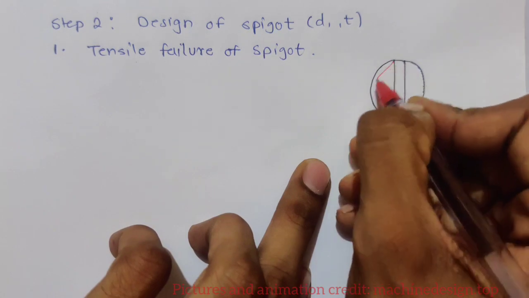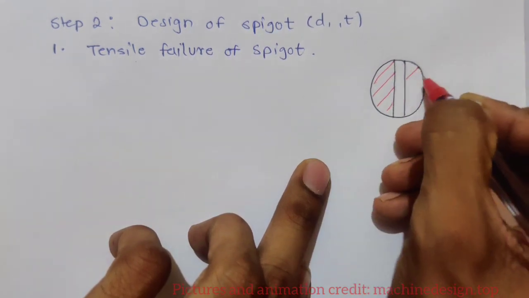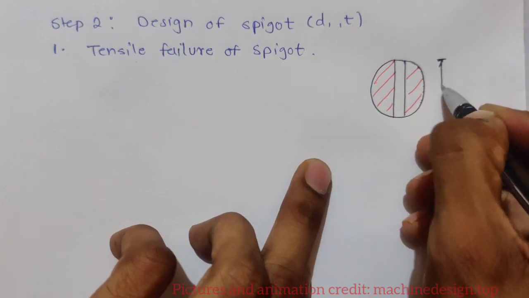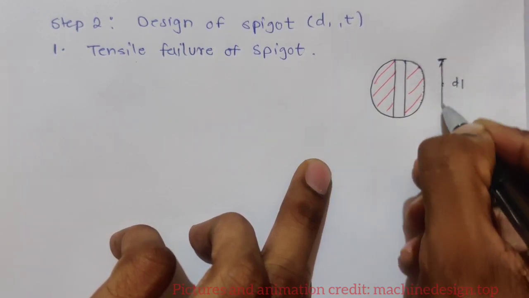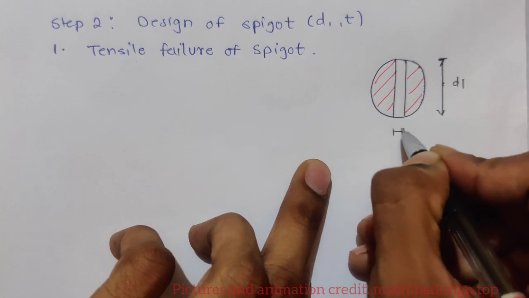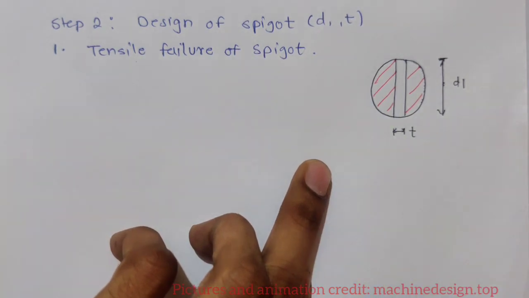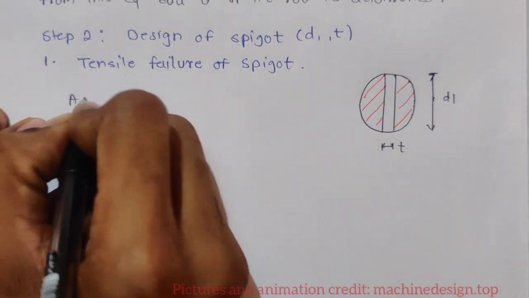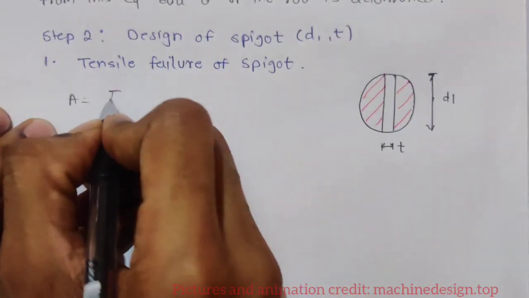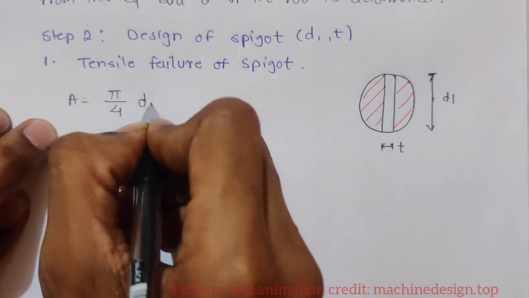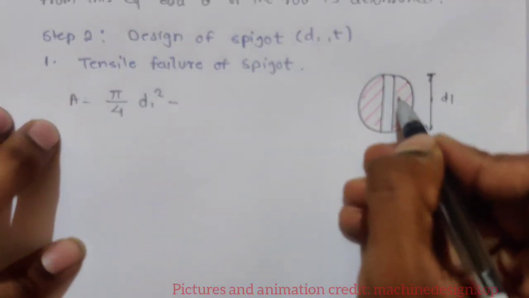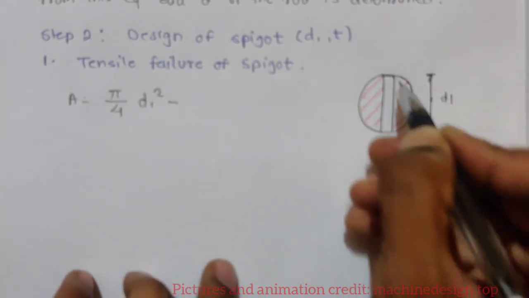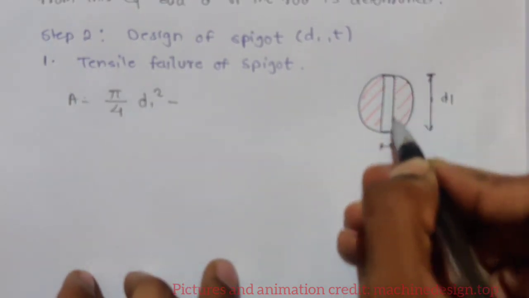So it was something like this, and diameter is d1, and this thickness is t. Now what is this area? So this area will be the whole circle, that is pi by 4 d1 square, minus this area. Now what is this area? So just consider this as a rectangular strip. So what is the area of rectangle?